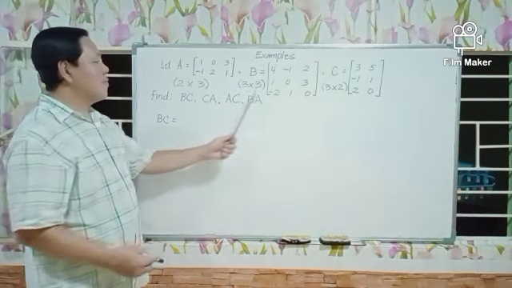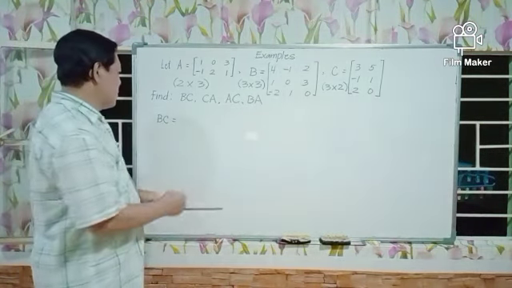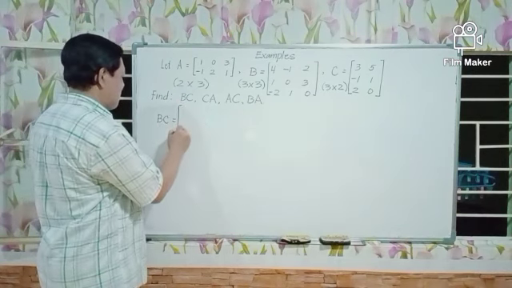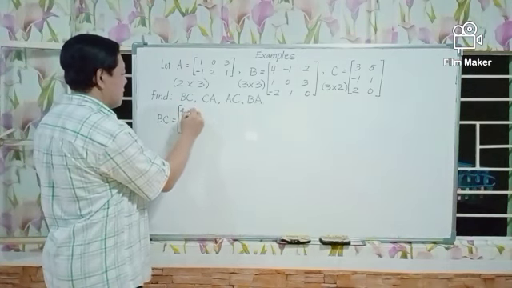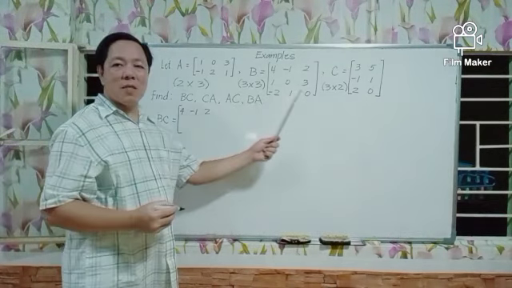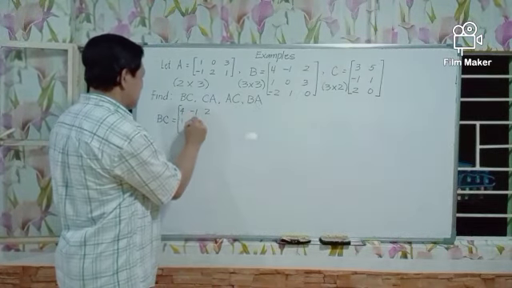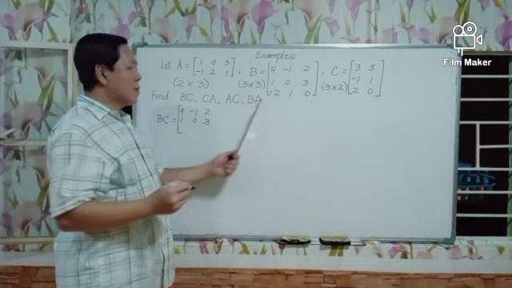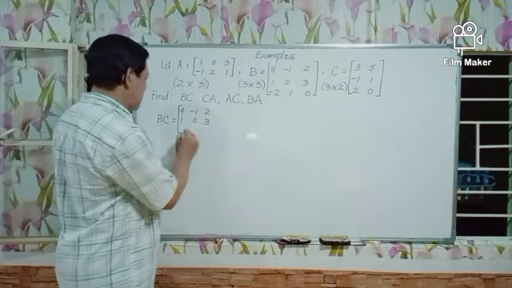Matrix B has first row 4, negative 1, 2. Second row 1, 0, 3. Third row negative 2, 1, 0.